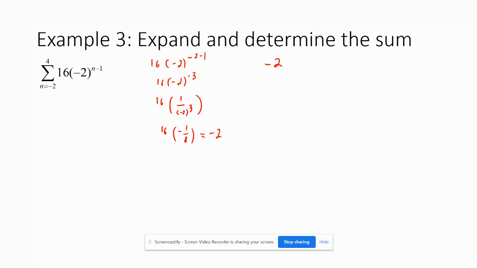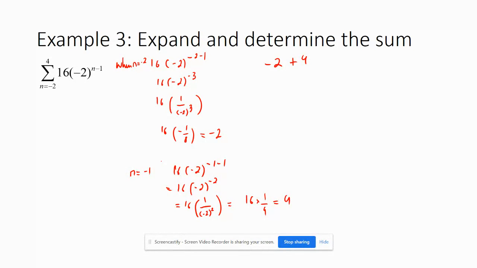Now I'm just going to do a couple more terms here, guys. That was when n equals negative 2. Let's do when n equals negative 1. We're always counting up from this term, ending at this term over here. When n equals negative 1, we get 16 times negative 2 to the negative 1 minus 1, which is 16 times negative 2 to the negative 2, which is 16 times 1 over negative 2 squared, 16 times 1 over 4, which is 4.